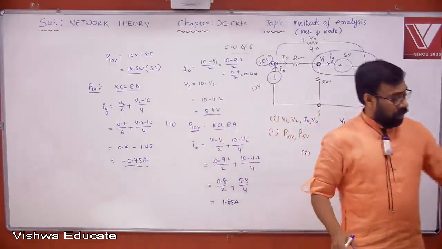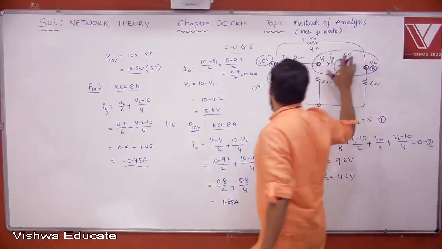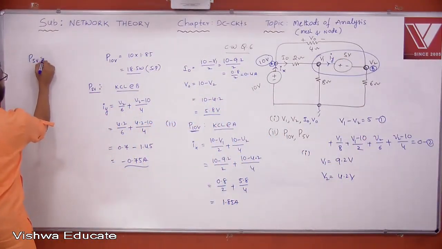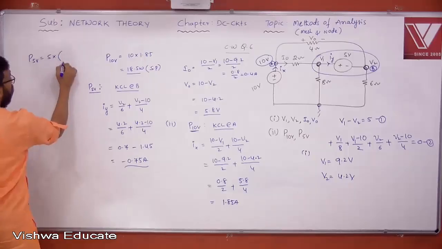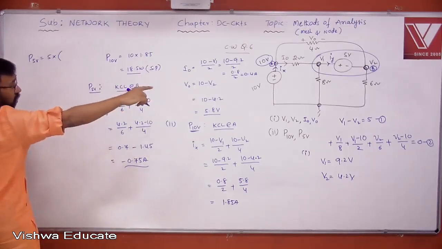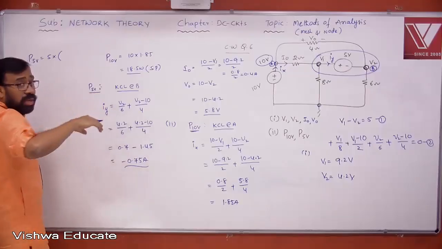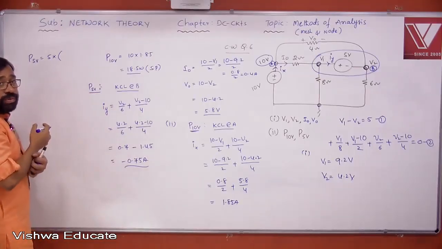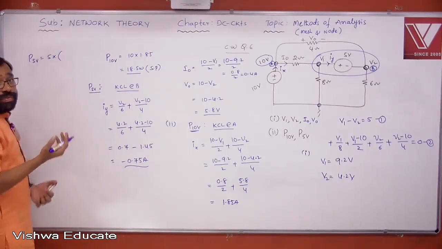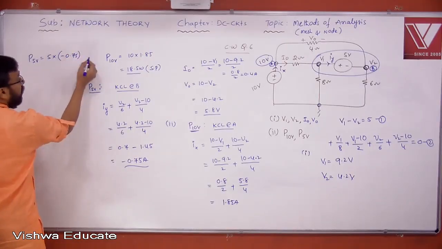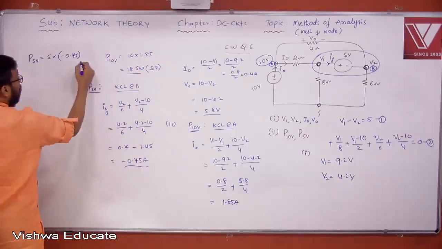So what is the power of this particular element? So power of this 5 volts will be 5 into, you got negative value, that means your assumption is wrong. That means if you had taken the current direction reverse, you would have got positive value. So therefore, minus 0.75, that is absorbed power according to the direction that we got.